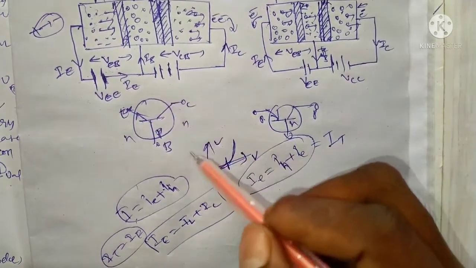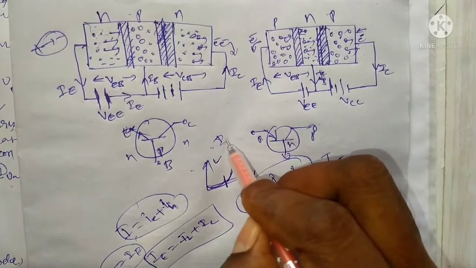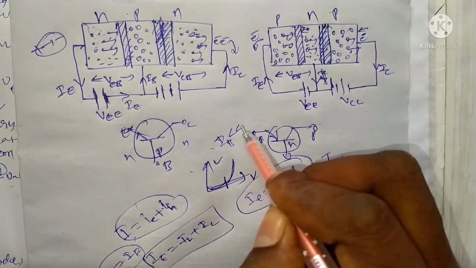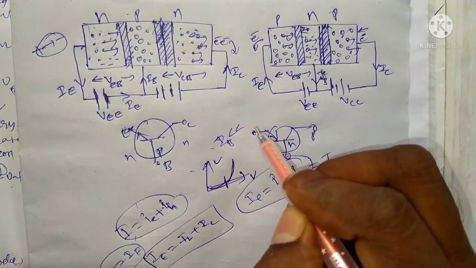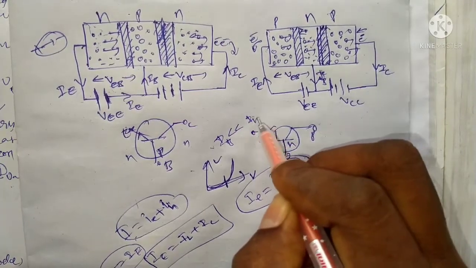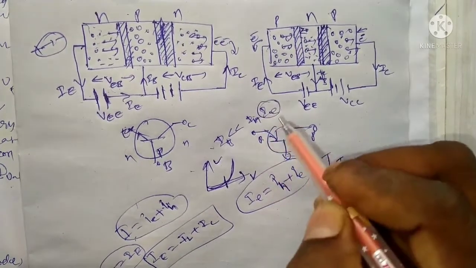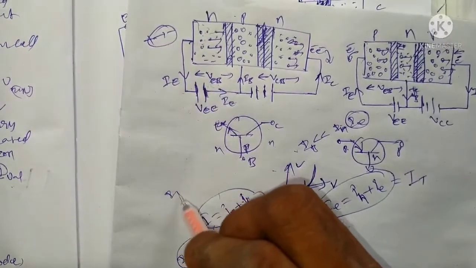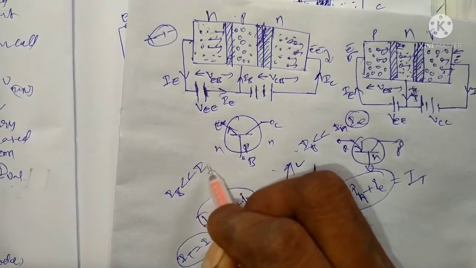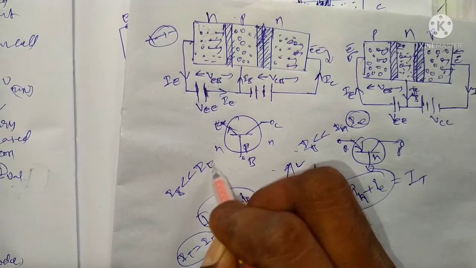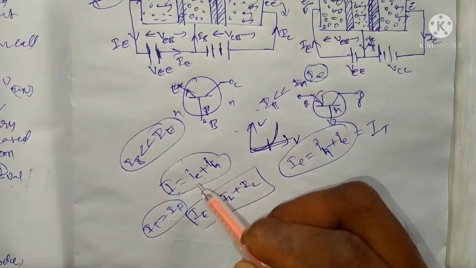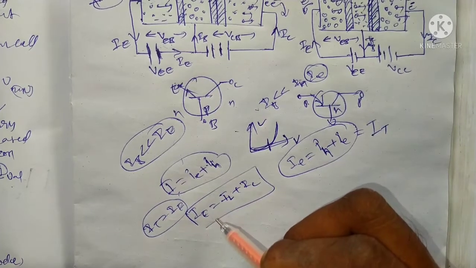Also, the base current is very small compared to the total current IE. That means IB is very small compared to the emitter current. The total current is the combination of electrons and holes.